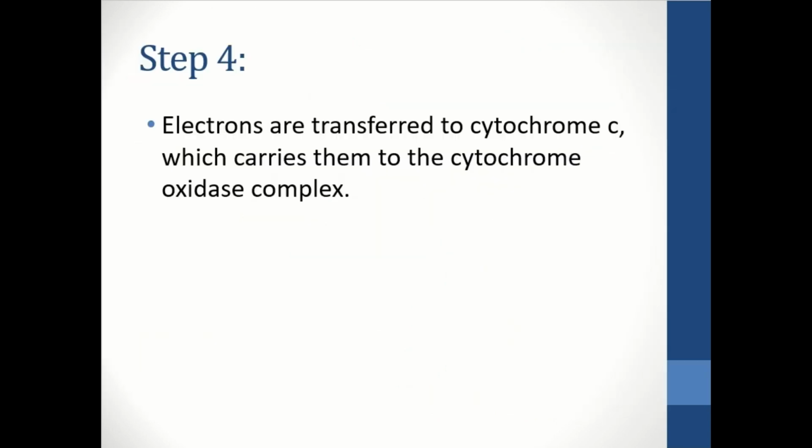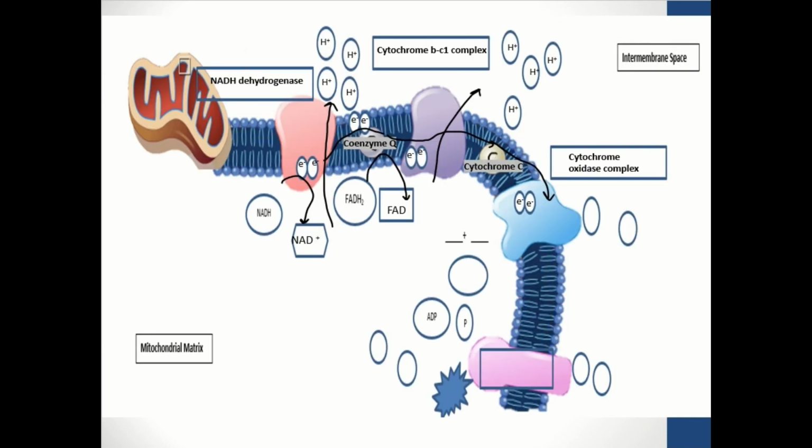The next step, step 4: those original electrons that are moving through go through cytochrome C. That's your shuttle, so it's just moving them between the 2 proteins and ends up at your cytochrome oxidase complex, which is the blue one here.